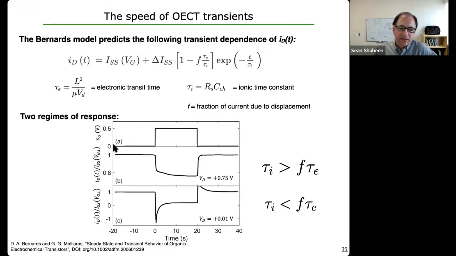And the y-axis is either the gate voltage or the drain current. You could apply a step function in the gate voltage and then see some evolution of the current, either asymptotically going to the saturation value or a spike and recovery. And that's what the original Bernards model had predicted, based on more or less a capacitive model of the dynamics of the system.